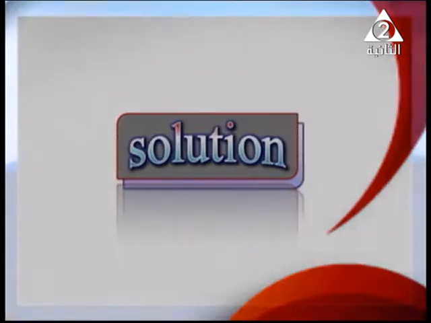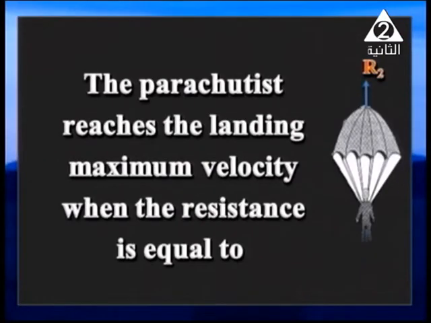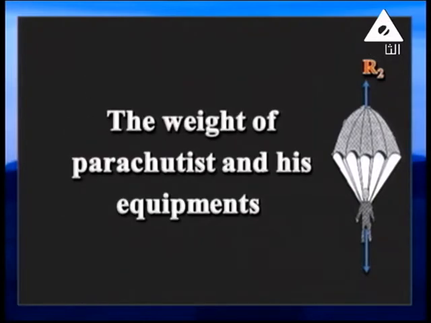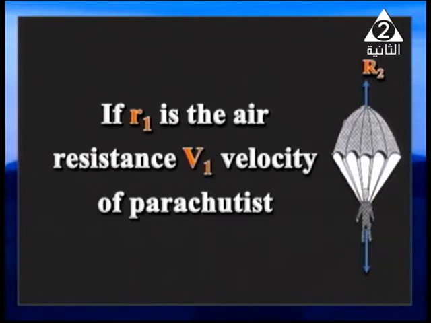My dear student, look at the opposite figure. The parachute reaches maximum velocity when the resistance is equal to the weight of the parachute and his equipment. Let R1 be the air resistance and V1 the velocity of the parachute.